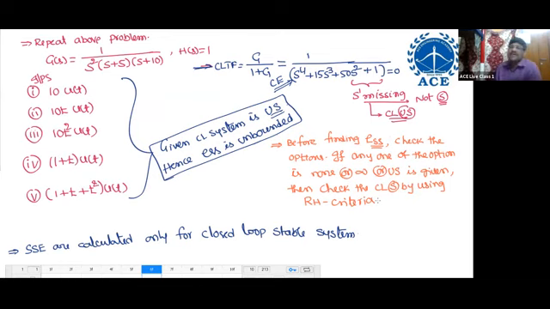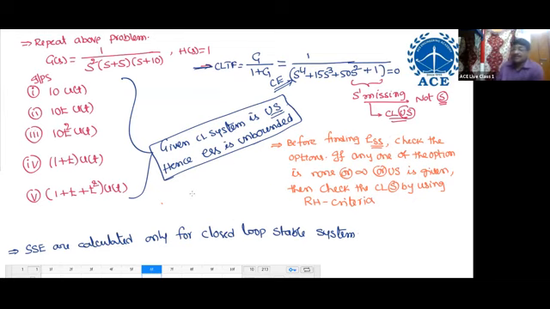Before solving, check the options. If all the options are constants like 5, 10, 20, 50, then without any second thought about stability, directly find the steady state error. If infinity or none is there, then compulsorily check the closed loop stability. The system may be unstable.